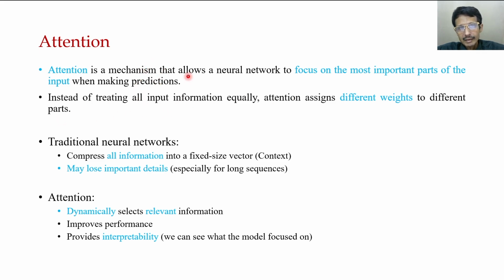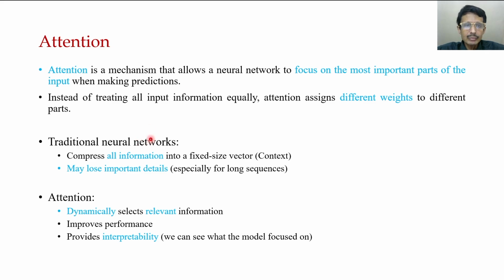If we analyze a sentence, some of the words are more important than other words. Or if we are reading a text, some portion of the text or some sentence is very important, rather than all the sentences. So attention basically tries to find out the most important part of the input, rather than taking everything into consideration.